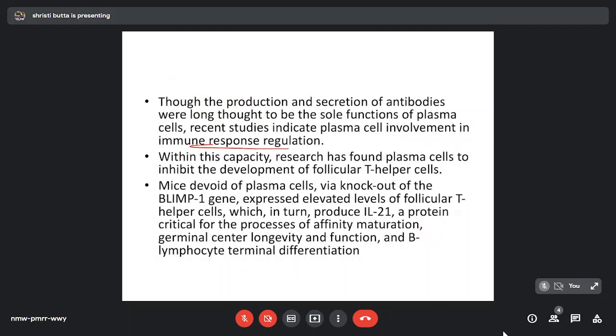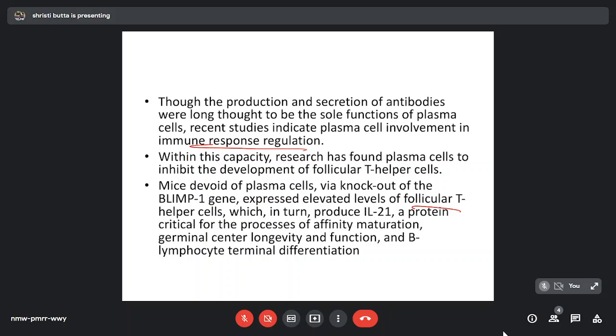Within this capacity, research has found that plasma cells inhibit the development of follicular T helper cells. Remember the follicular T helper cells that we talked about in the last few slides? It has been found in several studies that mice devoid of plasma cells, via a knockout of the BLIMP1 gene, expressed elevated levels of follicular T helper cells.